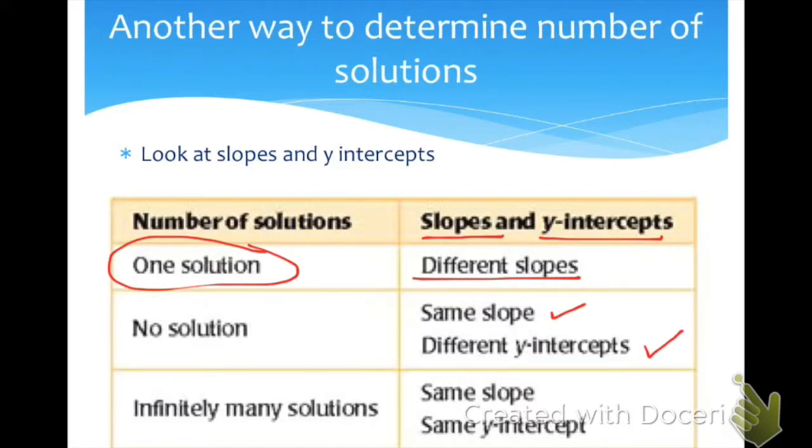These are going to be parallel lines. And finally, if it has the same slope and the same y-intercept, they're the same line, so that's why it's infinitely many. So that's a quick little cheat sheet to kind of figure out how many solutions there's going to be.